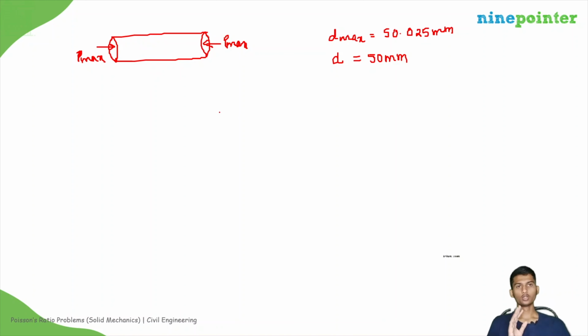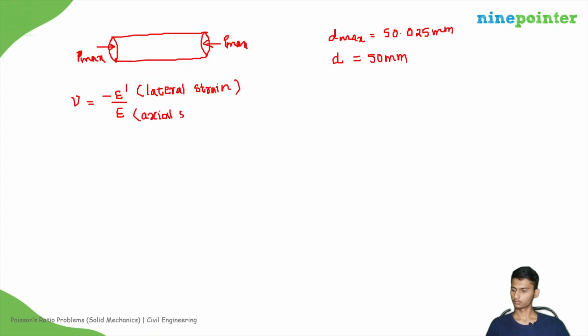So we already know that Poisson's ratio nu is equal to minus epsilon dash divided by epsilon. What is epsilon dash? Epsilon dash is lateral strain, right? This epsilon is axial strain or longitudinal strain.